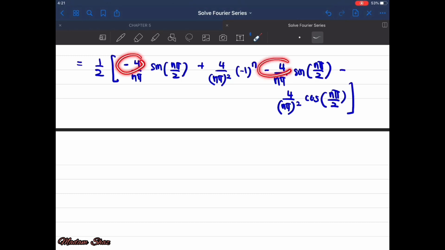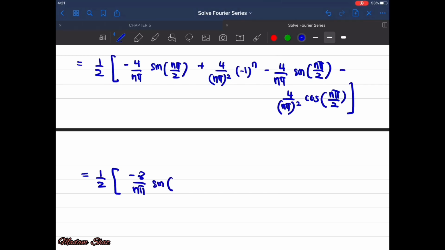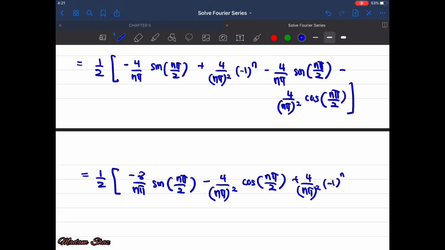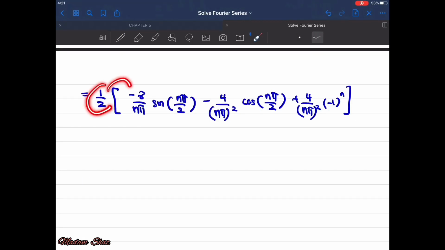So negative 4 minus 4 will become negative 8. 1 over 2, negative 8 over n pi sine n pi over 2 minus 4 over n pi square cos n pi over 2 (I rearrange that cos n pi over 2 at the front), plus 4 over n pi square plus 4 over n pi square, negative 1 the power of n. Constant at the front here should be multiplied inside for the whole thing.